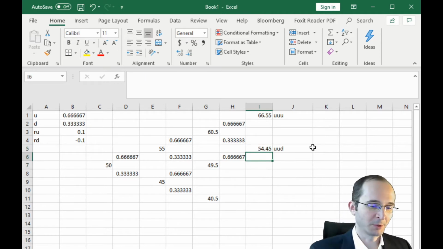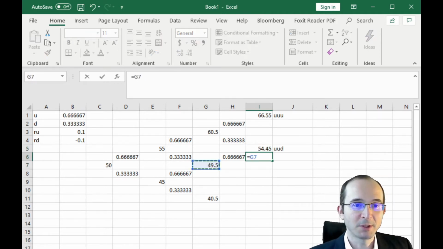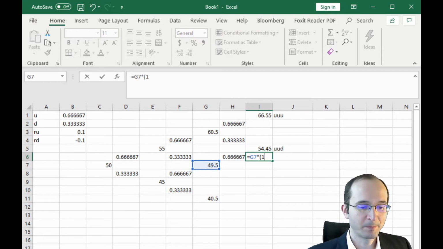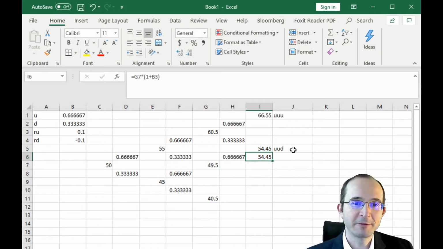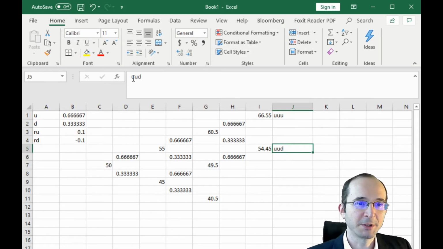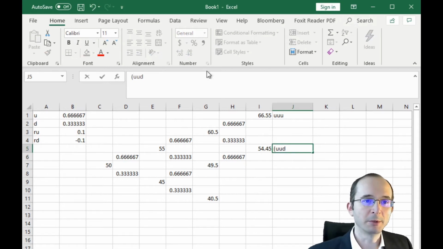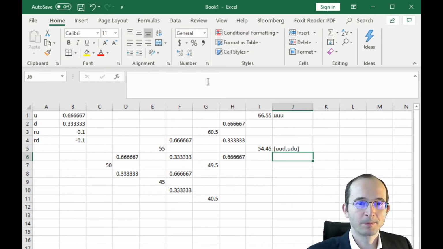Let's just confirm in a separate cell. If you start at 49.5, you gain 10%. Indeed, that gets you at 54.5. 54.45, I should say. So that means that there's really two labels for this state, UUD or UDU.